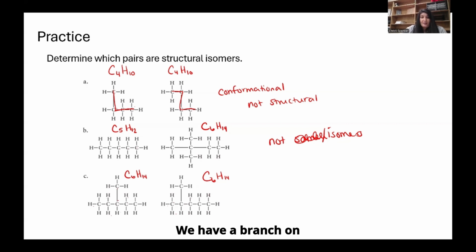We have a branch on carbon 1, 2, 3 of a 5-carbon chain, so a branch on 3. On here, we have a branch on 2. They are bonded differently. The CH3s are bonded on 2 versus 3. So this is a structural isomer.